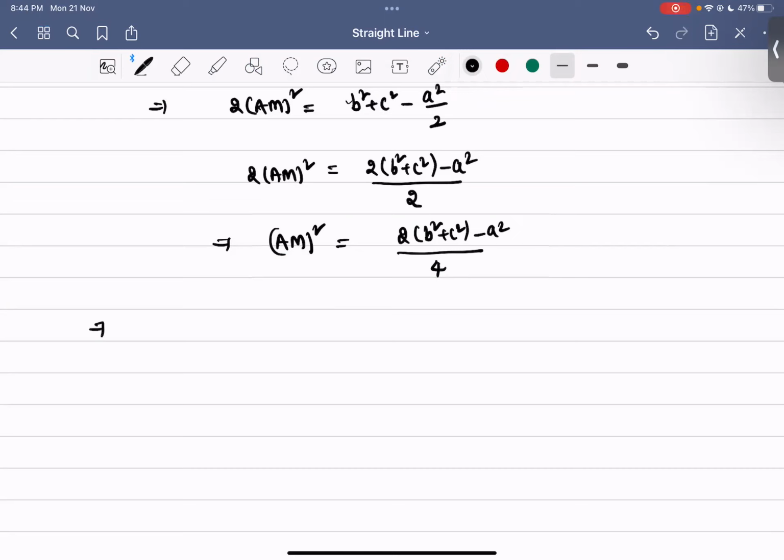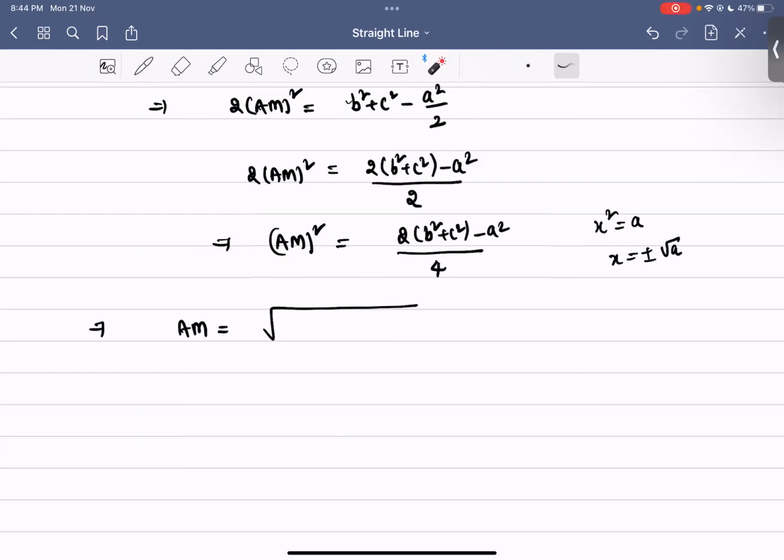Therefore, the length is always positive. That's why AM is equal to the square root of, actually if you take out the square root you will get plus or minus, but distance can never be negative. That's why you don't take the negative sign. Generally, whenever you solve x square equal to a, x equals plus or minus root a. Yes or no?